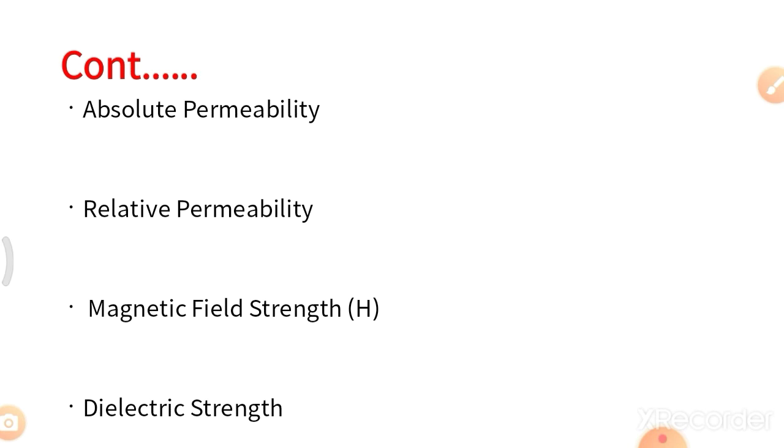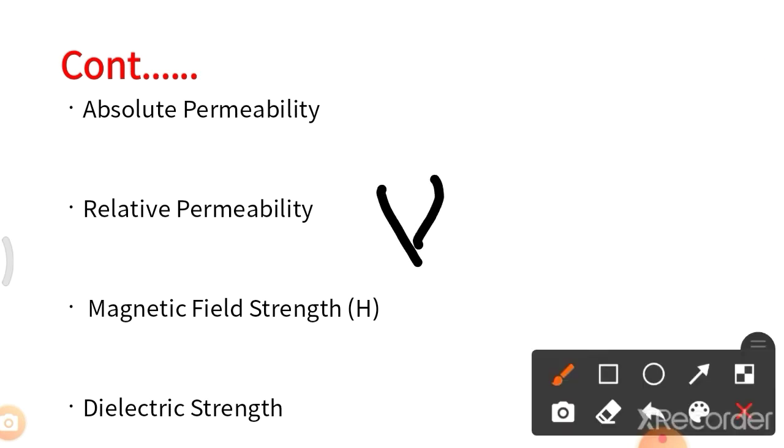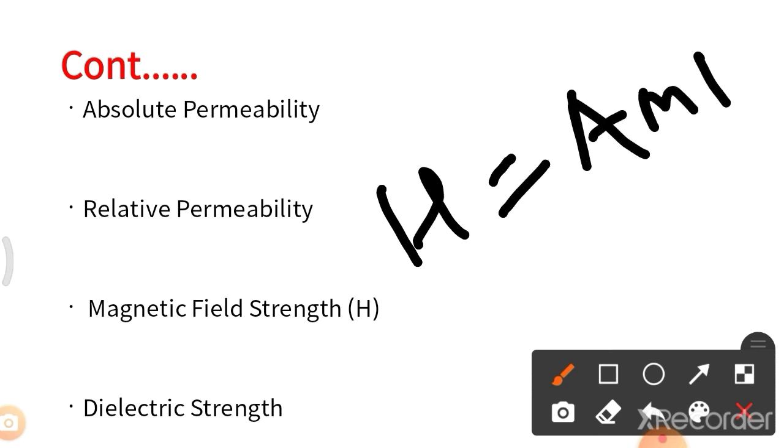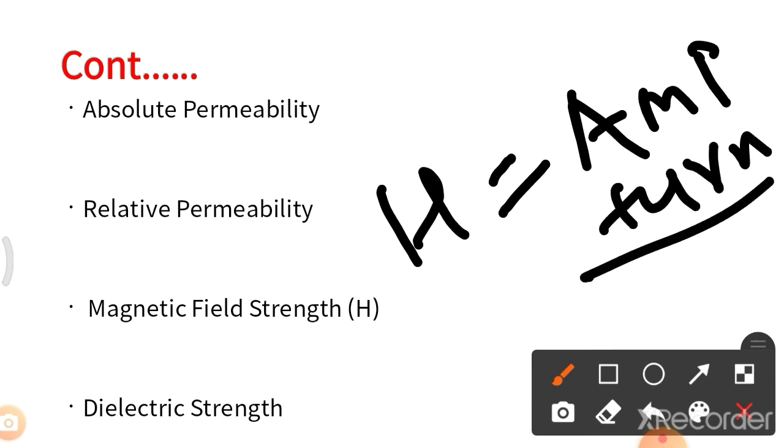The magnetic field strength is a term used to measure strongness or weakness of the magnetic field. It is expressed by letter H, and it is a ratio of ampere turn divided by length.